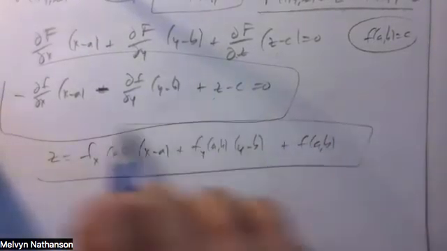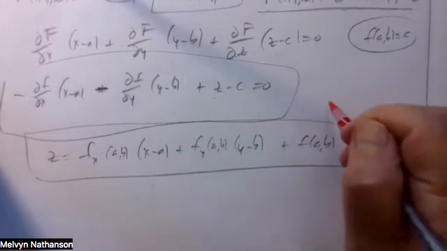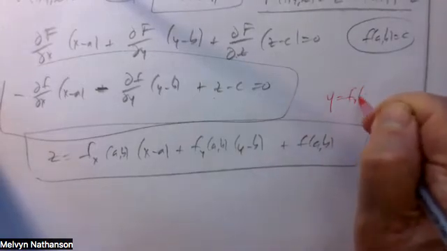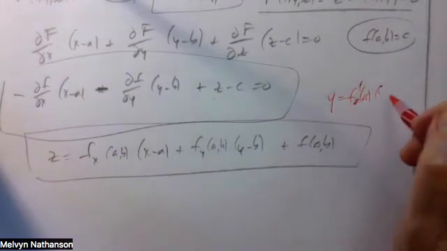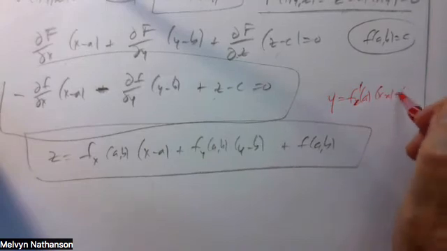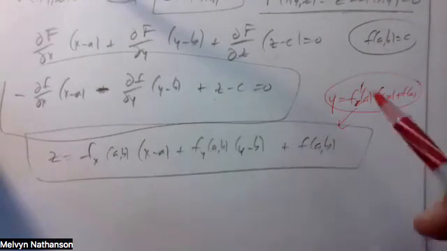This is the equation of the tangent plane. And in this form, it should look very reminiscent of the equation of a tangent line, which is y equals f prime of a times (x minus a), plus f of a. So this is a complete analogy with this.